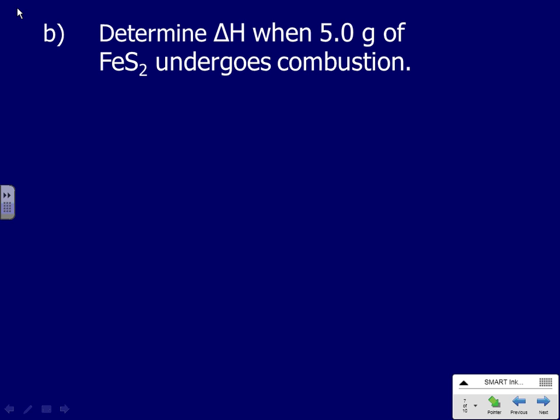So what's the first thing I'm going to need to solve this even before I start doing anything? I need a molar mass. I heard it out there.